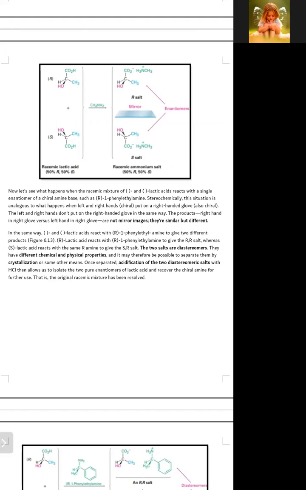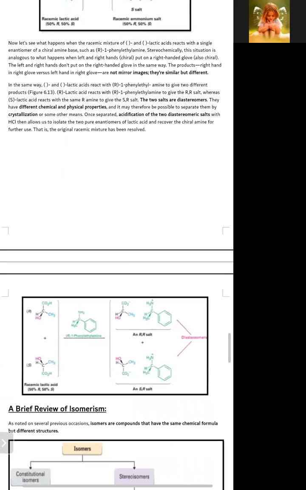Once separated, acidification of the two diastereomeric salts with HCl then allows us to isolate the two pure enantiomers of lactic acid and recover the chiral amine for further use. That is, the original racemic mixture has been resolved.